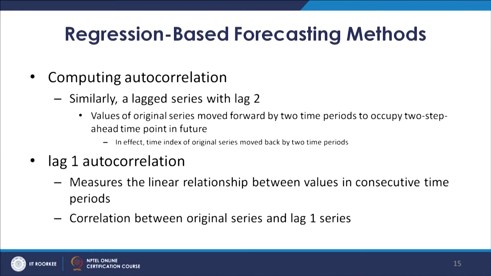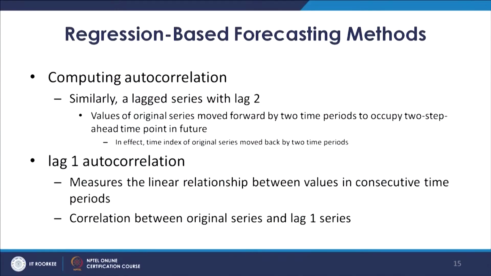Similarly, for a lagged series with lag 2, the values of the original series are moved forward by 2 time points to occupy the 2-step-ahead time point in the future. Once you push the original series forward 2 time periods, they would correspond to t plus 2 and t plus 1, and the values that you had at t minus 2 would correspond to the current time t.